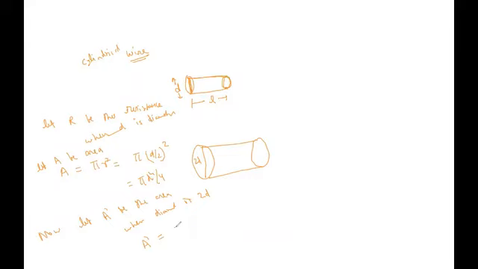So again it is pi r prime square, and r prime is your 2d.